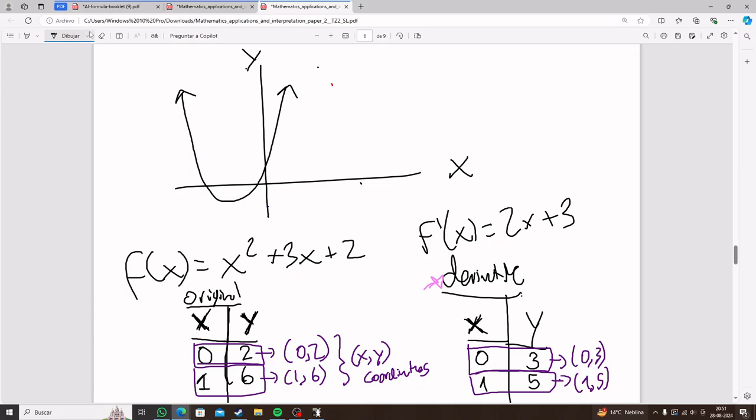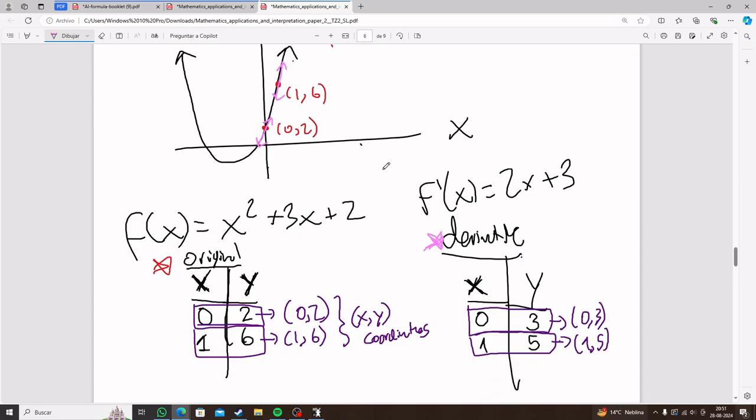Okay, so what you discovered from the original, which I'm putting now in red, is that when x is 0, y is 2. You discovered that when x is 1, y is 6. So you ended up with something that looks a little bit like that, ¿cierto? But in pink, the derivative, it's basically, when x is 0, the slope is 3. When x is 1, the slope is even greater, the slope is 5. So notice, it's a little bit different, the information it's giving you.